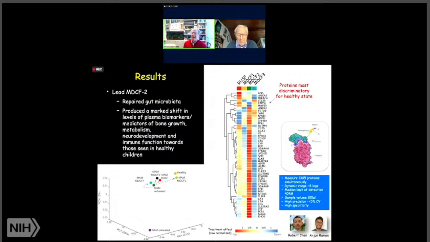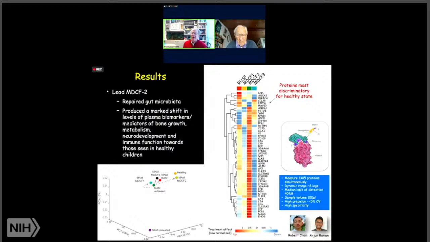And the colors indicate the change in the levels of these proteins as a function of different treatments. So the treatment effects are row normalized, and movement towards red indicates movement towards a more healthy level of this protein.